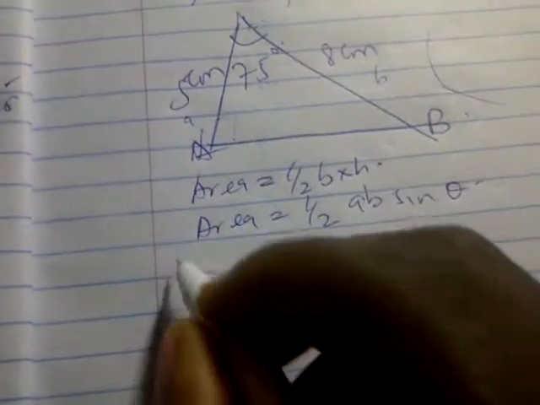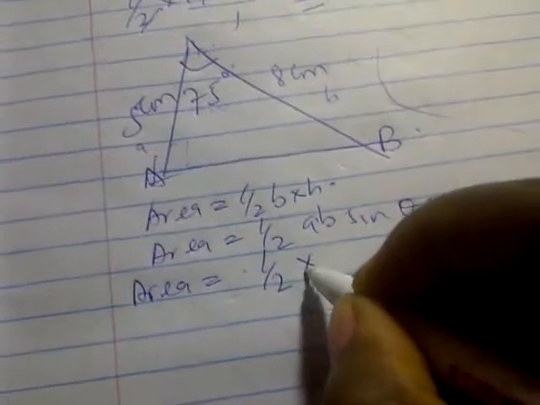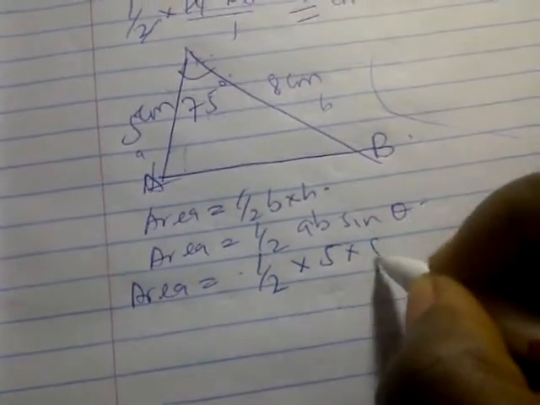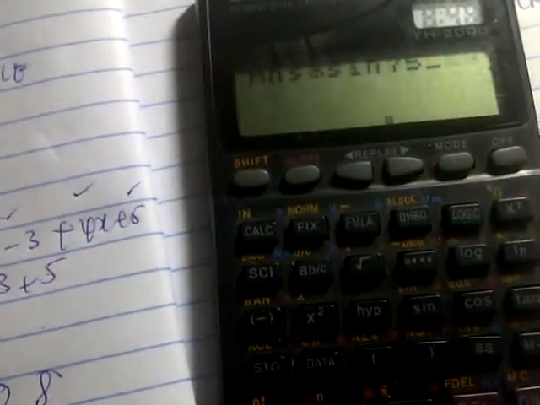So to find the area of this triangle, we're going to do half, A is 5, times B is 8, times sine 75. Now let's punch this out on our calculator. We have 5 times 8 divided by 2 times sine 75.